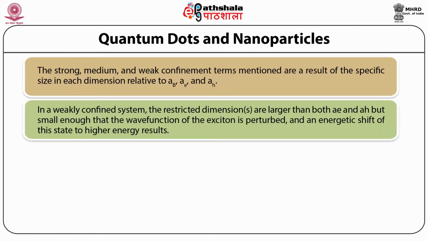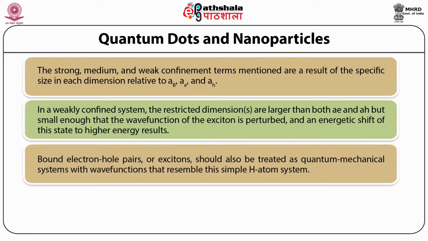The extent of confinement also affects the spatial overlap of the electron and hole wave functions and the Coulombic interactions between them. Bound electron-hole pairs, or excitons, should also be treated as quantum mechanical systems with wave functions that resemble this simple hydrogen atom system.